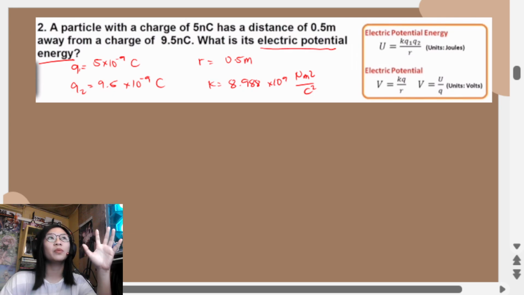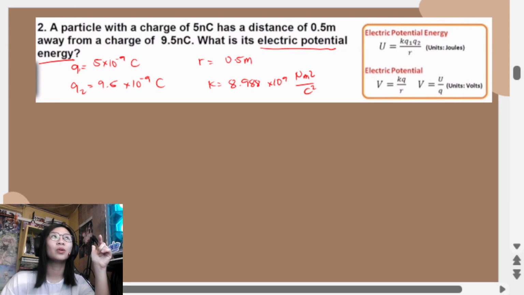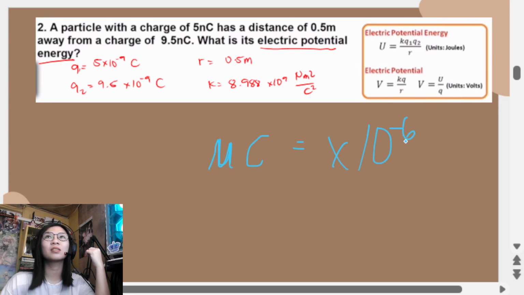A particle with a charge of 5 nanocoulomb is 0.5 meters away from another charge that is 9.5 nanocoulombs. Remember that N is nano. I hope you have not forgotten that micro coulomb is times 10 raised to negative 6.